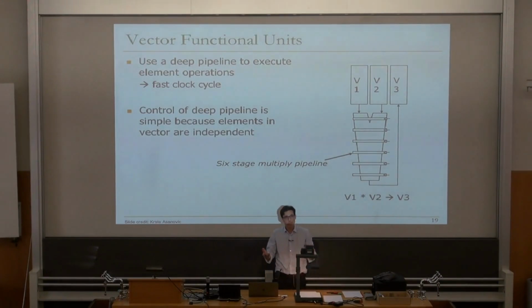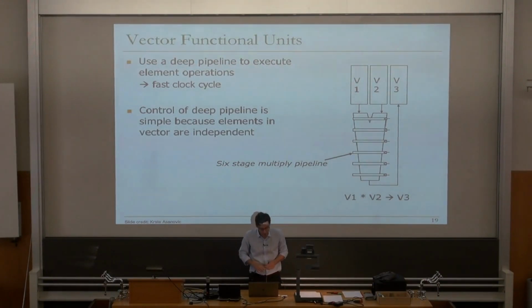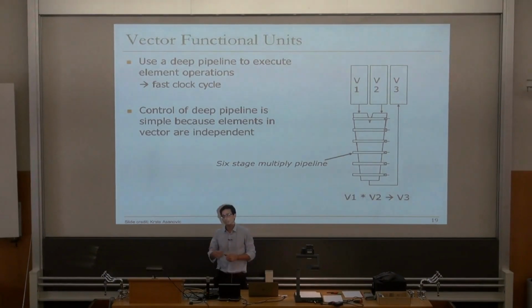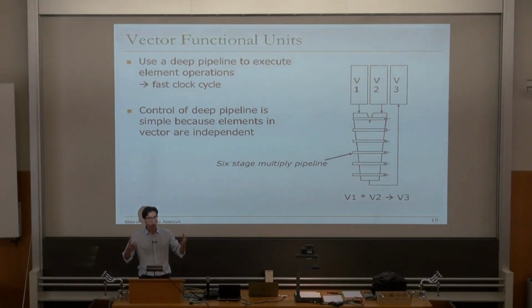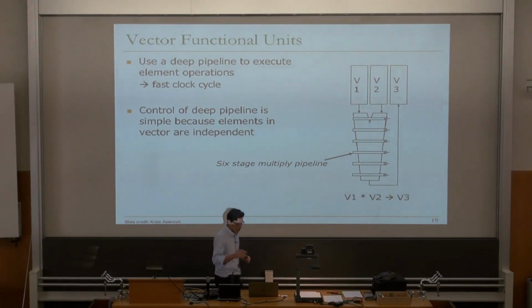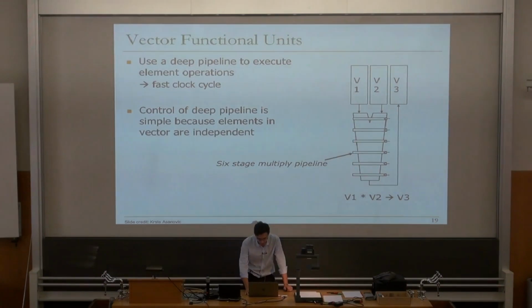So we can operate at a higher frequency. And this is possible because we start from the assumption that the operations that we are executing on the vector register are independent, because there are no dependencies among the different data elements.